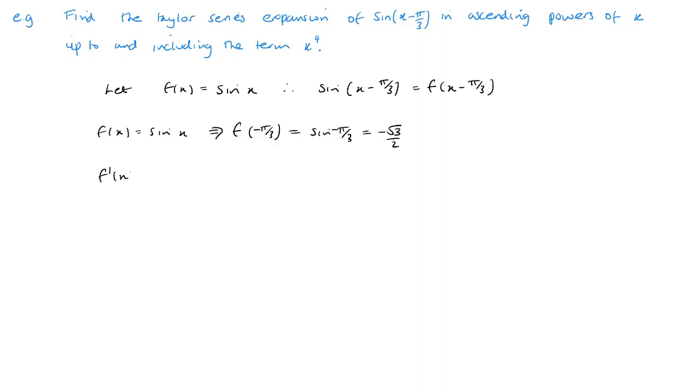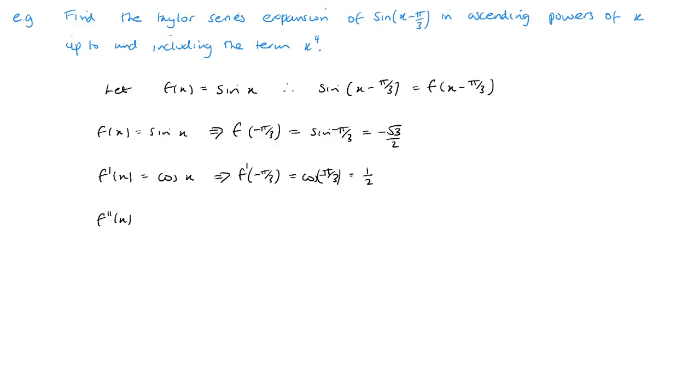Now let's differentiate. Sine differentiates to cos x. So then f dash of minus pi by 3 is substituting that into cos, and that's going to give me a half.